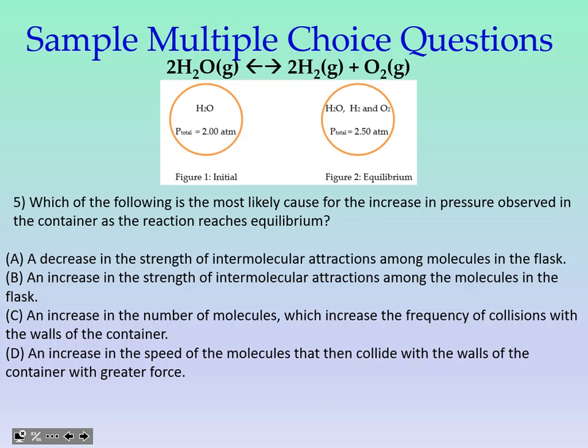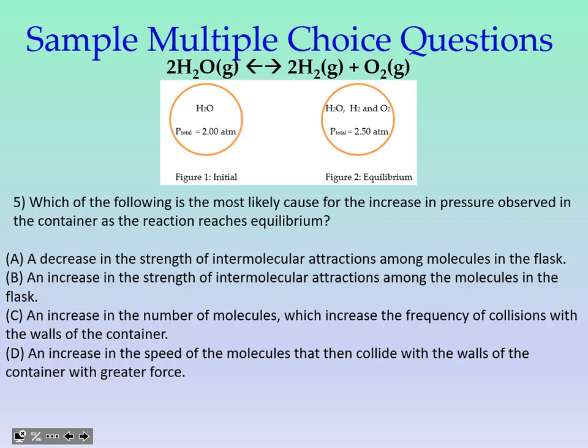Yes, the first 2 are pretty obvious, no choice. They're definitely incorrect. The last one, D, is the only other one that seems possibly correct, but what's wrong with D? It doesn't matter how hard they're hitting the wall. It doesn't say anything about changing temperature. And temperature, remember, is the measure of the average kinetic energy of the molecules, so the speed doesn't change.